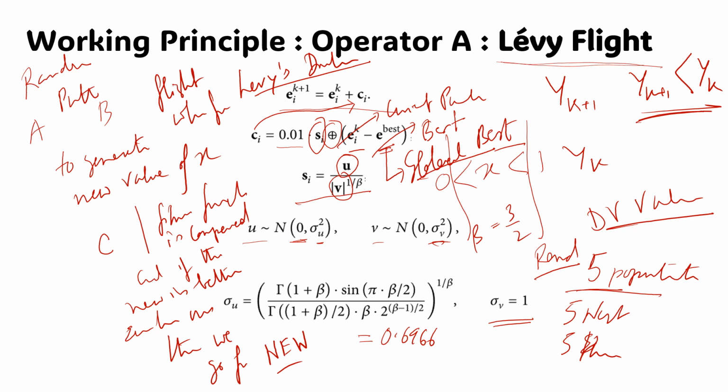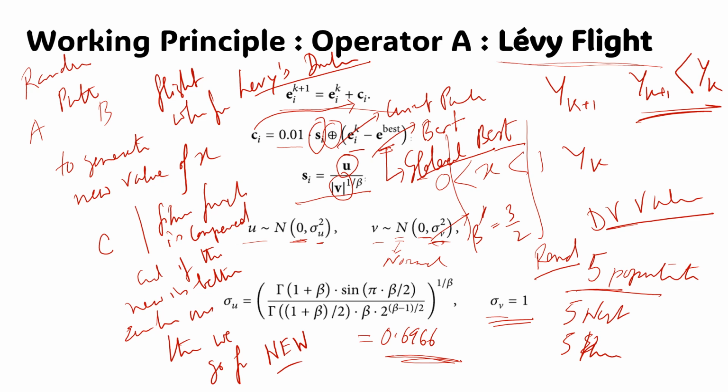So this big N indicates the normal distribution. The normal distribution between 0 and sigma V is 1, and the normal distribution of U is 0 and sigma U squared. So sigma U is this one, 0.6966.